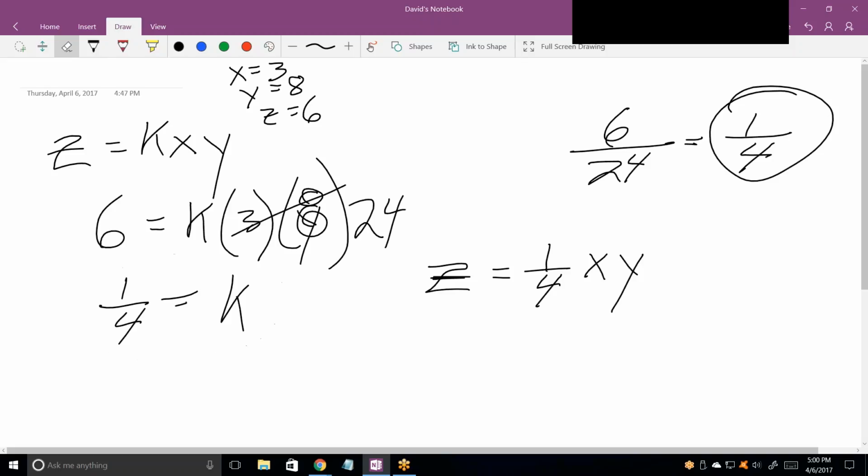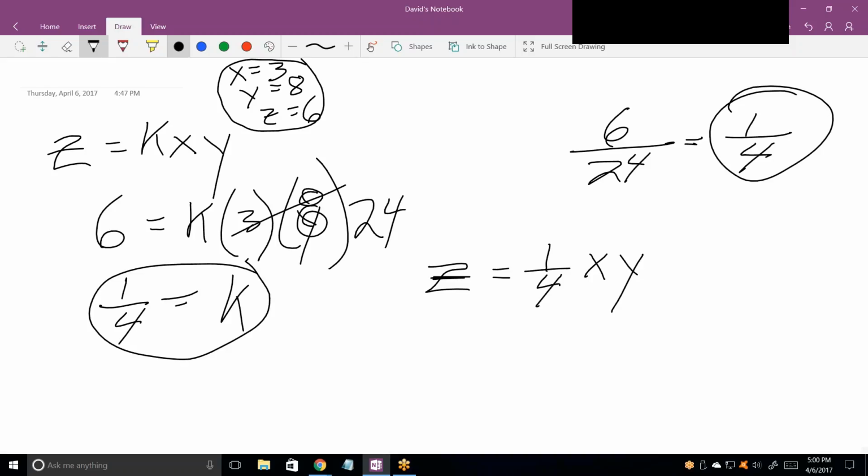Not all direct relationships are the same. This one, k is 1/4. In the next problem, k is going to be some different number. But they gave us enough information by telling us what x, y, and z were. That allowed us to solve for k, and now we have the exact equation for this problem.